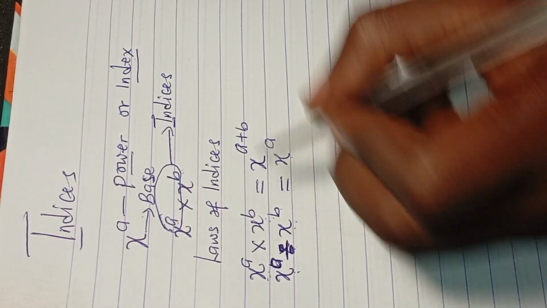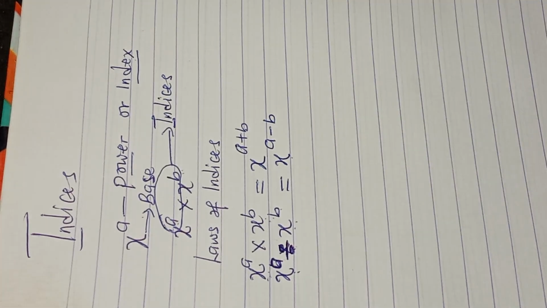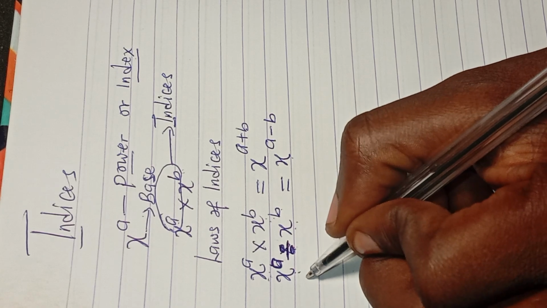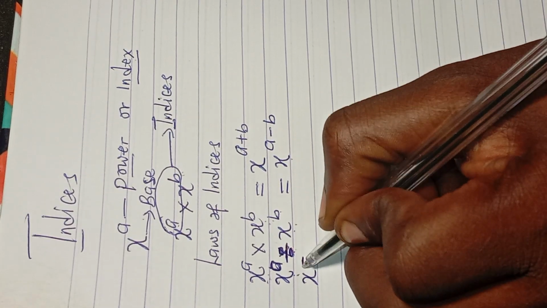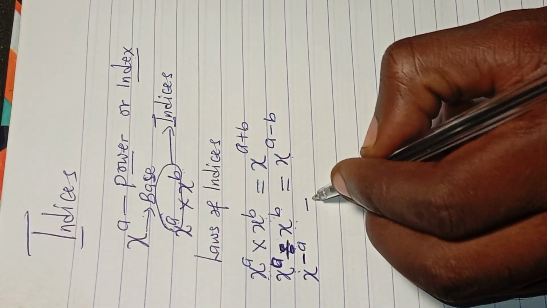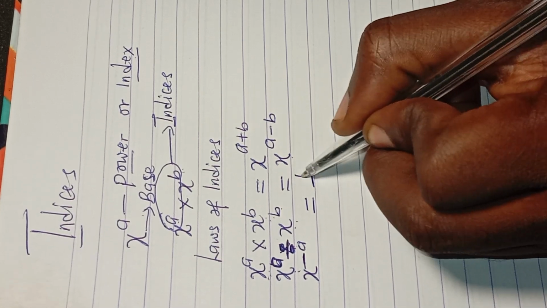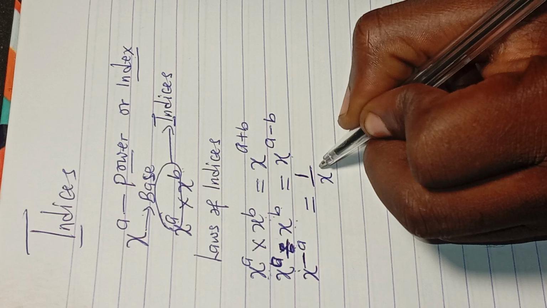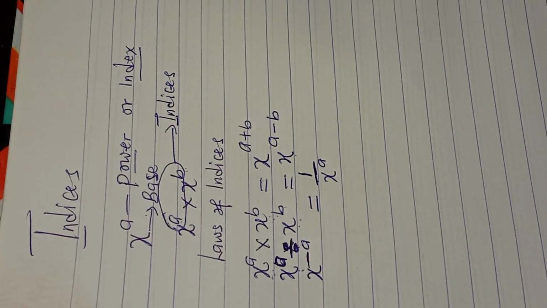Because here is division, it's now going to be x power a minus b. Because it is division, it's going to be minus. Then we have x raised to the power of minus a. According to the law of indices, this minus is the same thing as 1 all over x power a.